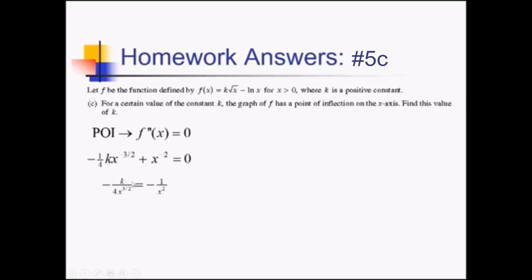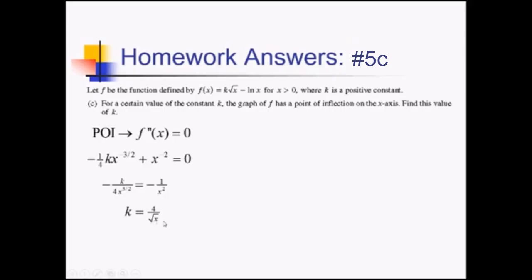Now to isolate k, I have to multiply both sides by a negative, which is going to get rid of this negative, and also 4x to the 3/2. So if I have 4x to the 3/2 over x to the 2, subtracting my exponents, I'm going to have an x to the 1/2 downstairs. So k equals 4 over the square root of x, when all is said and done.